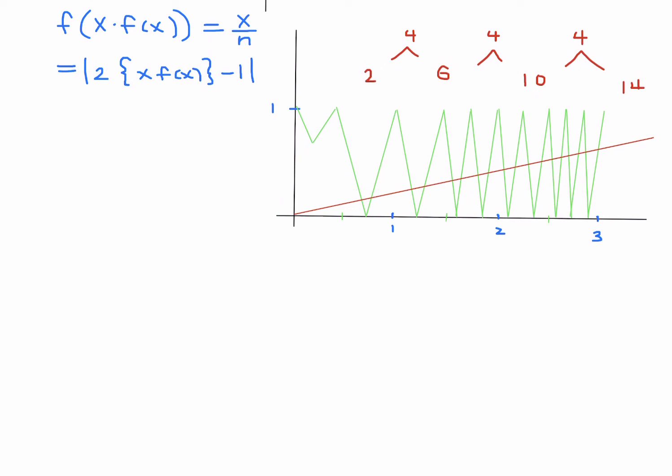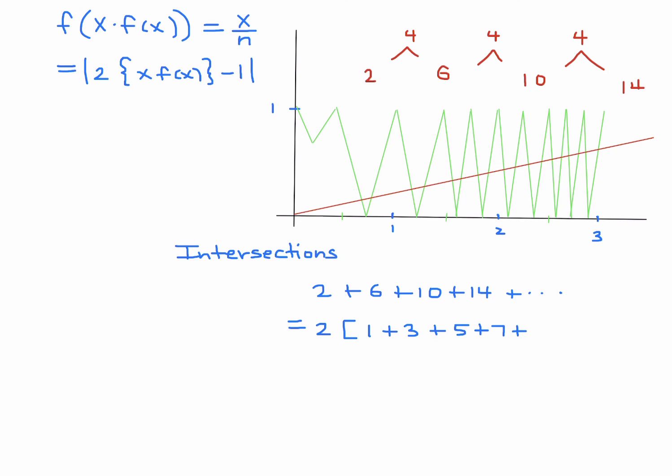So that means this behaves as follows. The intersection points will be 2 plus 6 plus 10 plus 14 and so on, right? Dot, dot, dot. Now, if you were to factor out a 2, you will see this is 1 plus 3 plus 5 plus 7 plus dot, dot, dot.